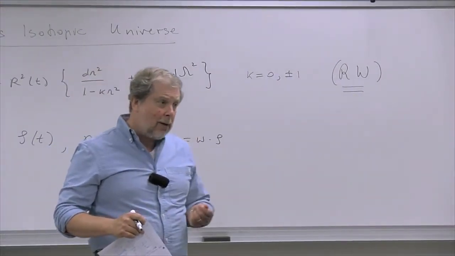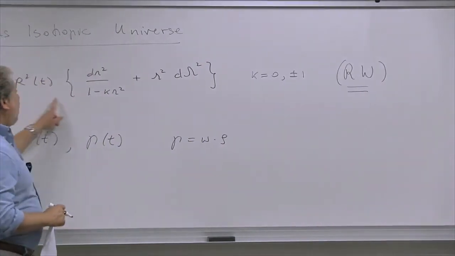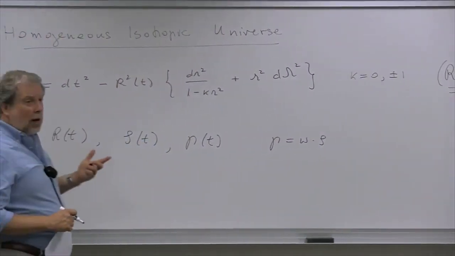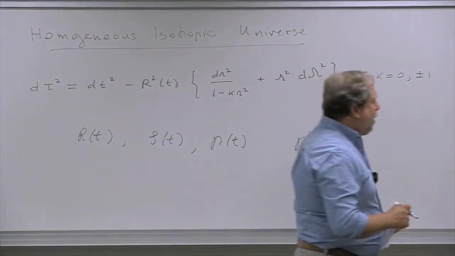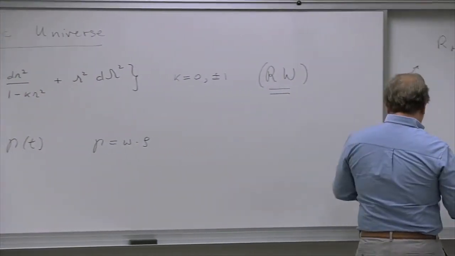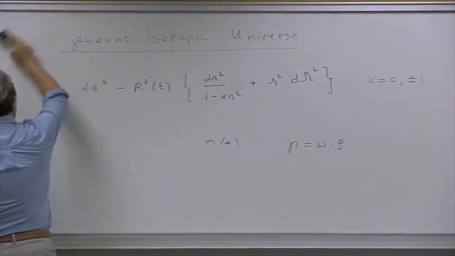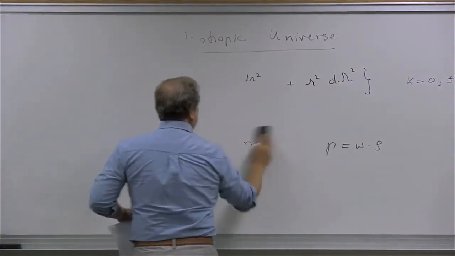The metric is diagonal, only diagonal entries. Some of the entries are trivial, like this coefficient is 1, so it's a very easy calculation. And so we end up with the field equations, which I'm going to write over on this side.